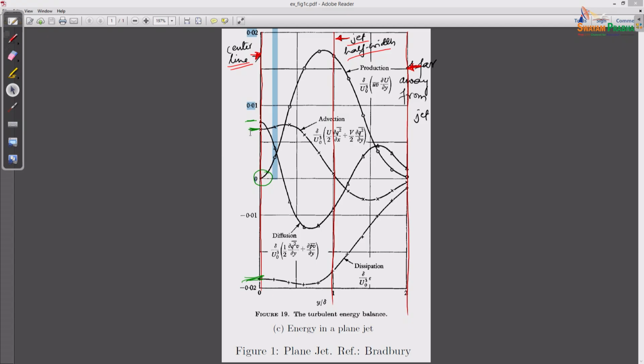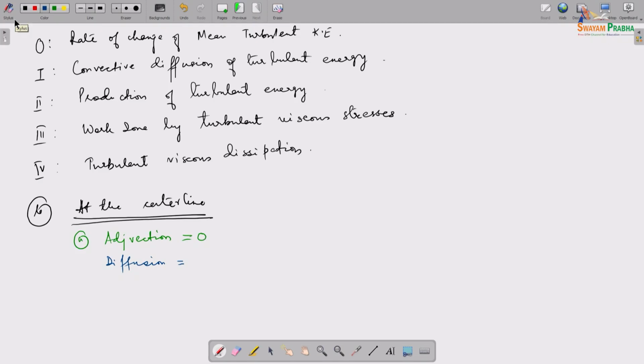Yeah, and advection and diffusion are positive. Okay, so the production is 0 and advection and diffusion are positive. These are both positive and non-zero, right?